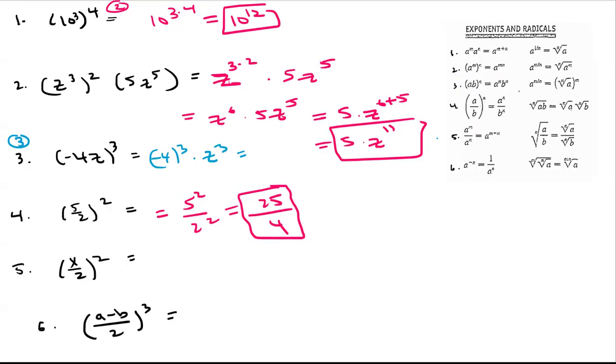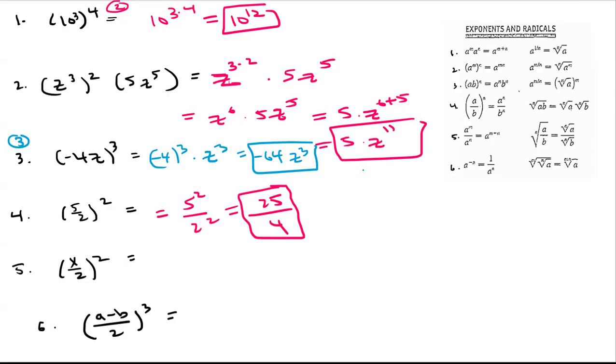All right, so -4 to the third power, that's going to give us -64, and then z to the third is still going to be z to the third. So our answer is going to be -64 z to the third.